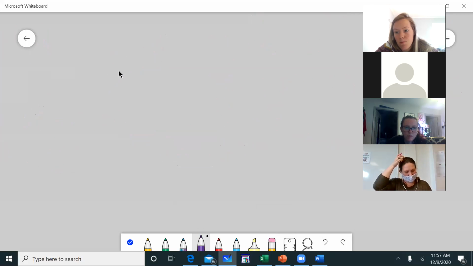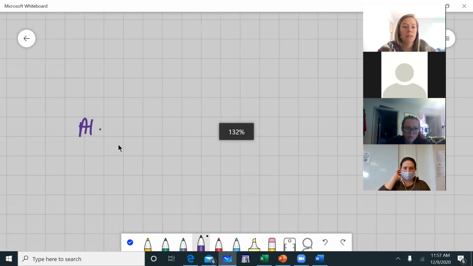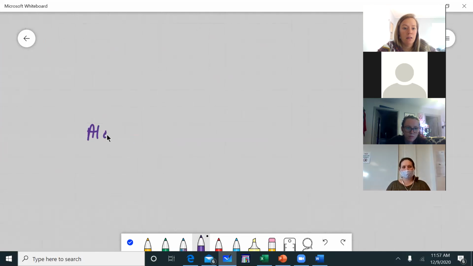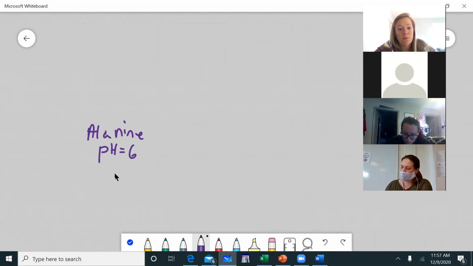Look up what the symbol or the molecule shape is, and then look up what its pI is. So for alanine, it has an optimal pH of 6. And we said we're actually at a pH of 2.